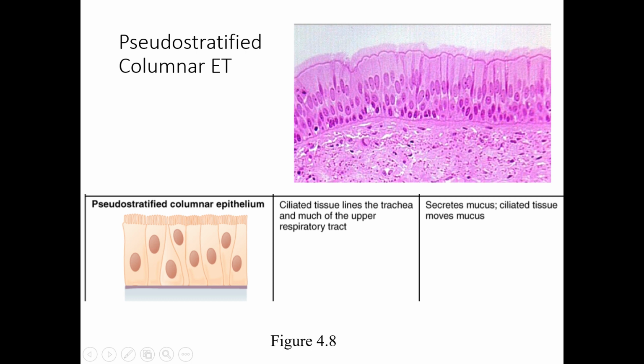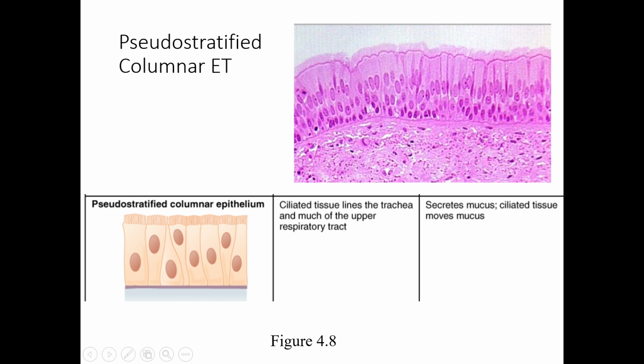One nucleus right here, some nuclei in the middle, some at the top of the cell. And because of such a location of their nuclei, it looks like there are many layers, but actually it's just one layer of very tall cells. And they have cilia on their top. So this would be pseudostratified columnar epithelium. And you also can call it ciliated when it has cilia like that.